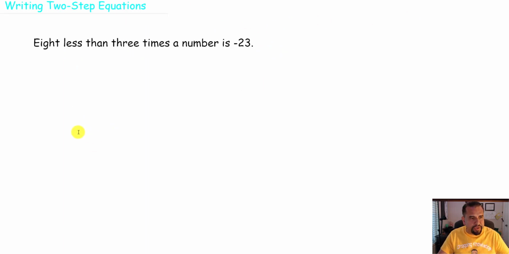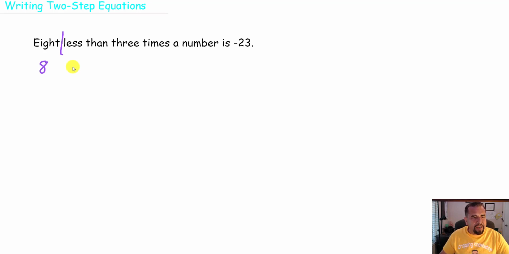So let's take a look at the first one here. 8 less than 3 times a number is negative 23. Write that statement down and then write this over each letter. So 8 less, this is 8 less than something. So this is going to be subtraction.